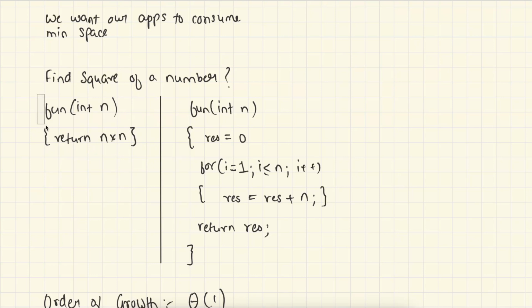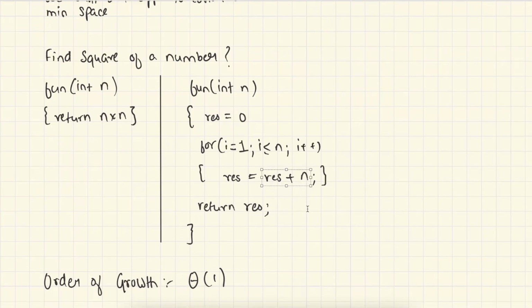So it is simply using a formula n into n to calculate the square of a number. On the other hand, this function is running a for loop to calculate the square of a number. This function takes n as input, initializes a variable result, runs a loop from 1 to n and then returns this result. And it is performing the operation here, result plus n.